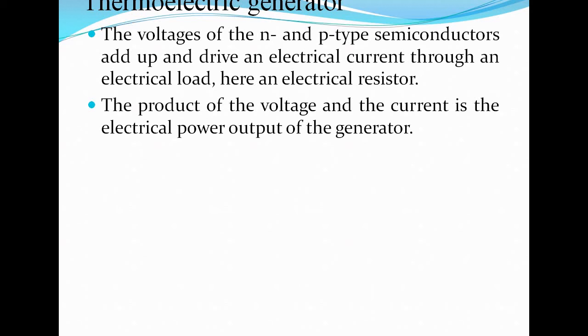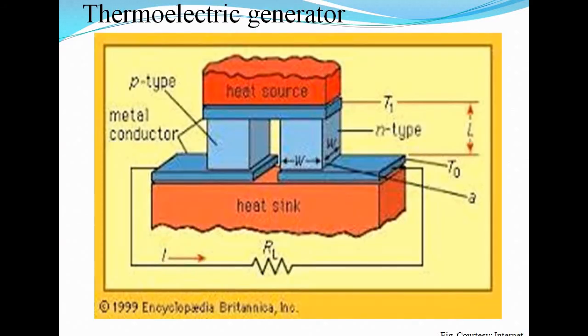The voltages of the N type and the P type semiconductors add up and drive an electrical current through an electrical load, hence an electrical resistor. So you can see here, this is the load, or the electrical resistor, that is connected to this metal conductor here.